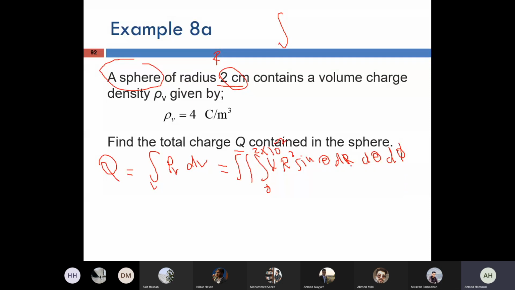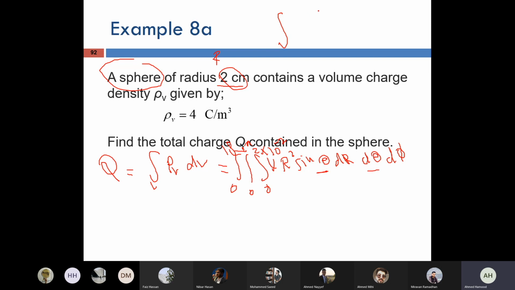The second one is phi, which, as I said, is from 0 to 2 pi. And the third, theta, is from 0 to 180. Why 180? Because it is half of the sphere. So there are three integrations.